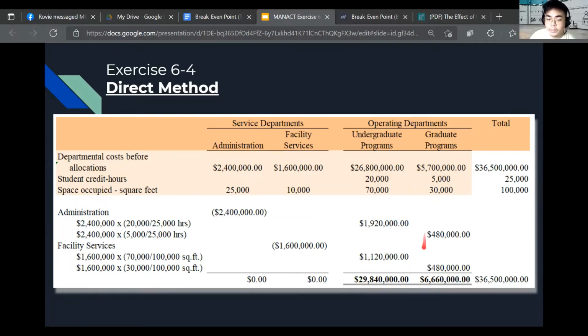For the graduate program, we have the initial cost of 5,700,000. We add the two allocated costs, which are 480,000 and 480,000. We have the total of 6,660,000. So a total of 36,500,000 was allocated to the operating departments.